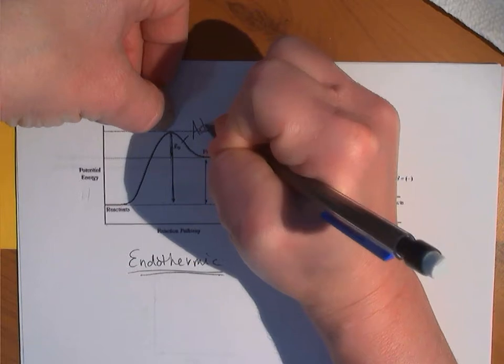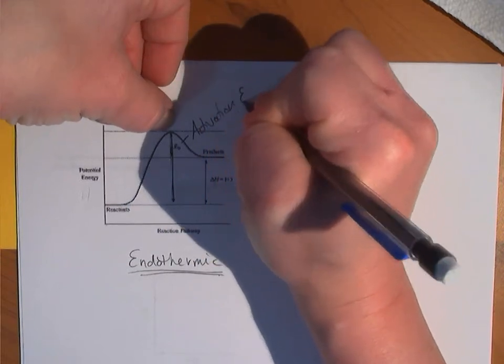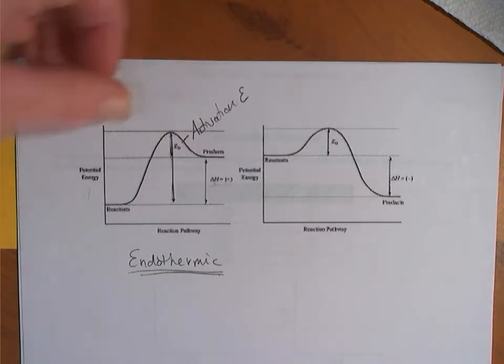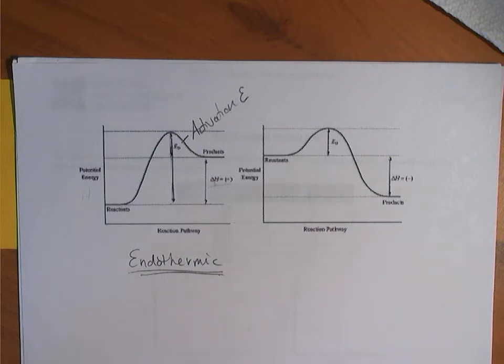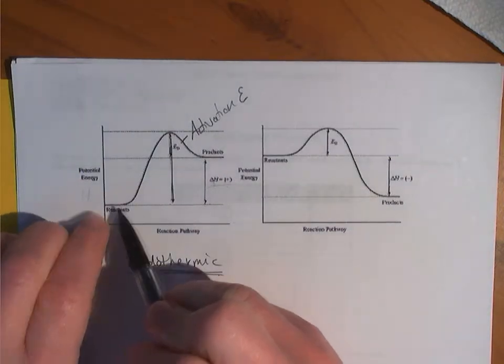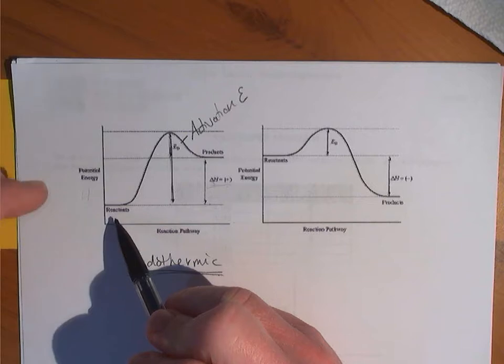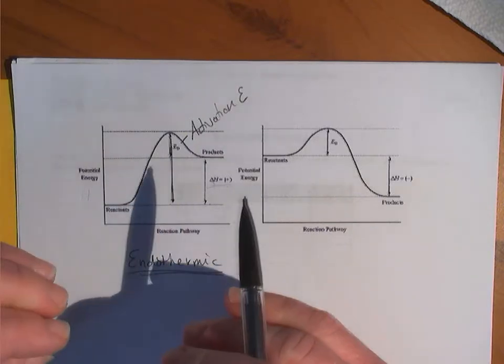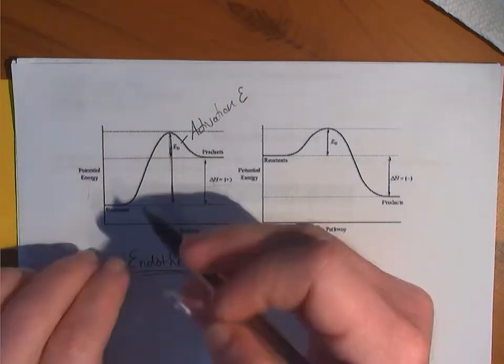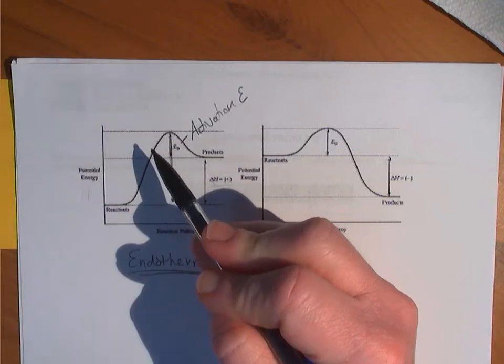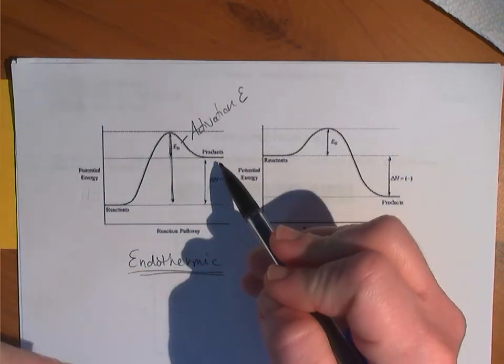Now, the difference in energy from reactant to the top, the peak of the hill, that, remember, is activation energy. Activation energy is the minimal energy that must be invested, we believe, to start to break the bonds in the reactants and then get everything in position, orientation-wise, to form new bonds for product.